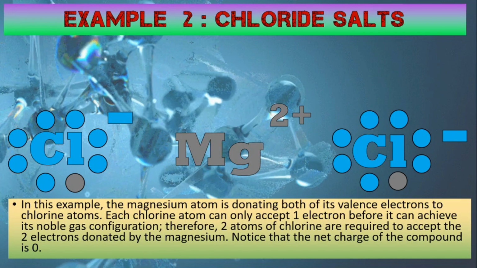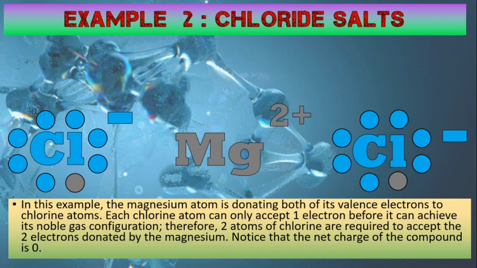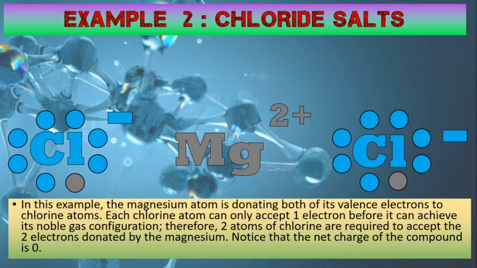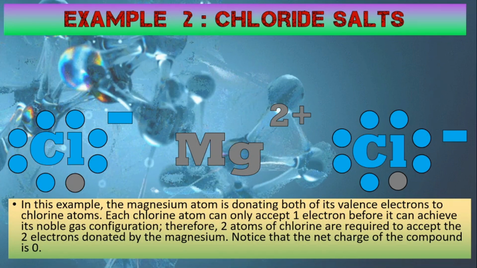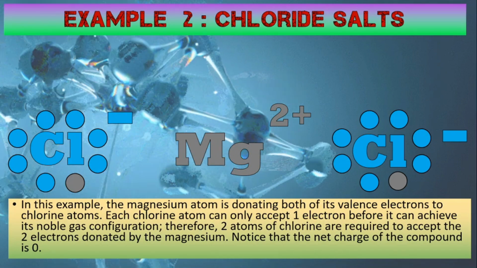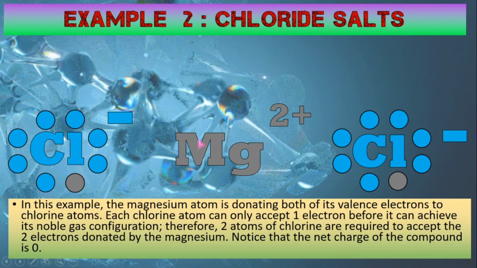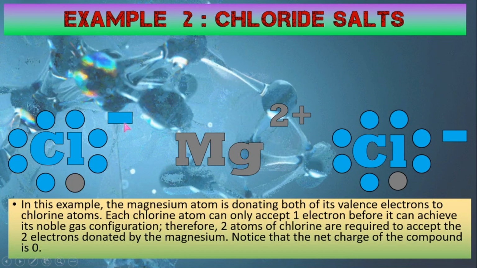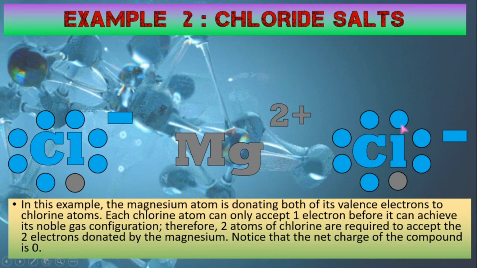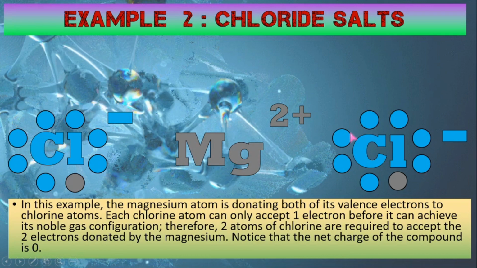Each chlorine atom can only accept one electron before it can achieve its noble gas configuration. Therefore, 2 atoms of chlorine are required to accept the 2 electrons donated by the magnesium. As you will notice, the net charge of the compound is 0. Why 0? You have 2 plus here and a negative charge from each of the 2 chlorines. So 2 negative, then 2 positive is 0.